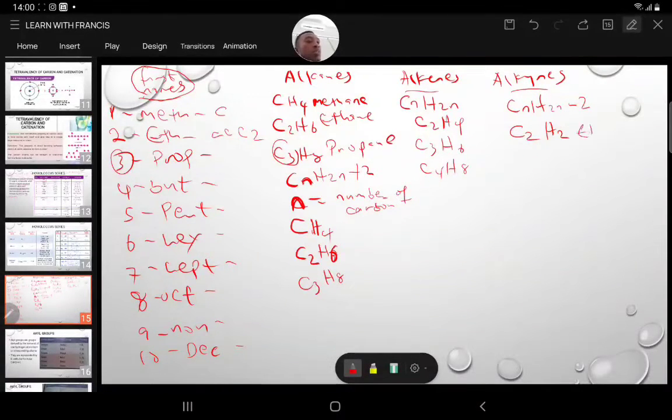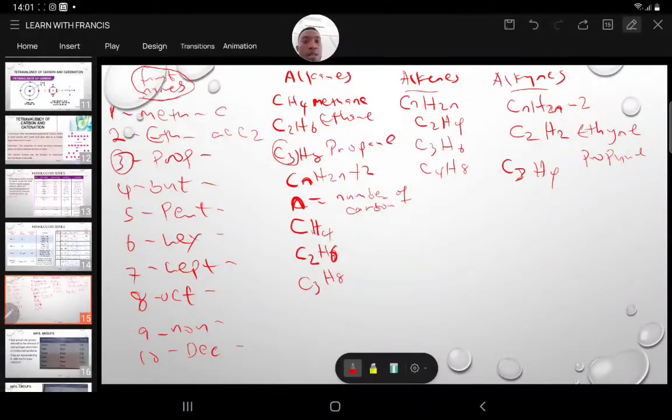So this is ethyne. How do you get propyne? Prop is 3, C3. So you have to multiply 3 by the 2 here. So 2 times 3 is 6. 6 minus 2 is 4, H4. So you can do this to get all of the rest. I hope this is clear.